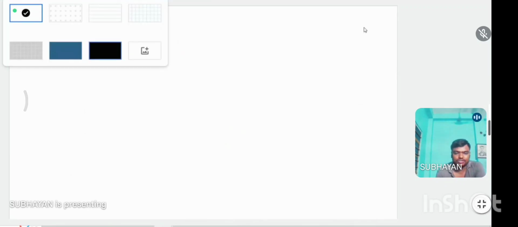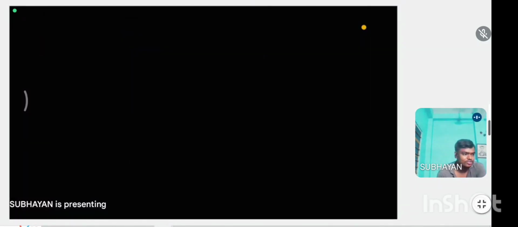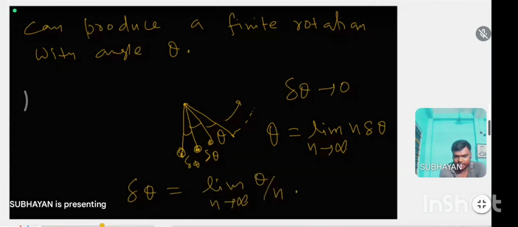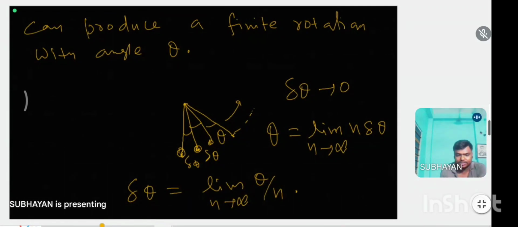But the repetition should be very high, n tends to infinity. Or reasonably, you can write delta theta is the limit as n tends to infinity of theta by n. In other words, if you divide some finite angle rotation into an infinite number of equal portions, you may find some infinitesimal angle of rotation.